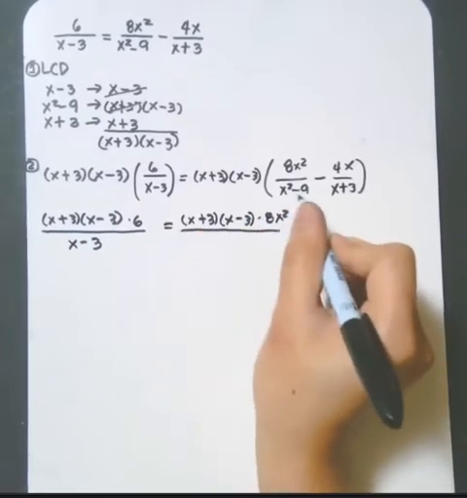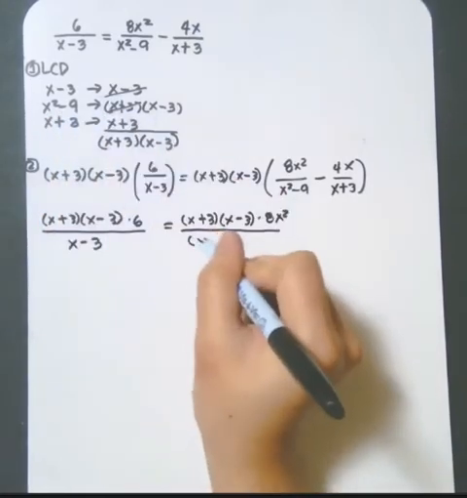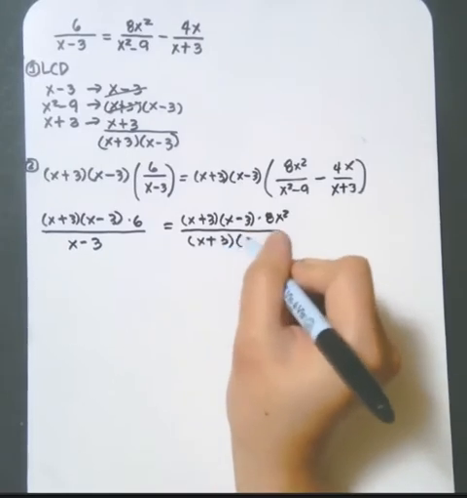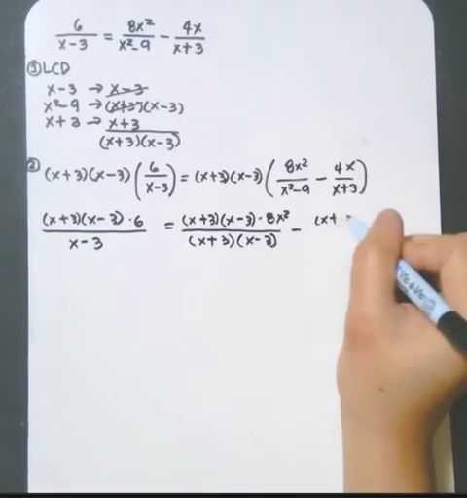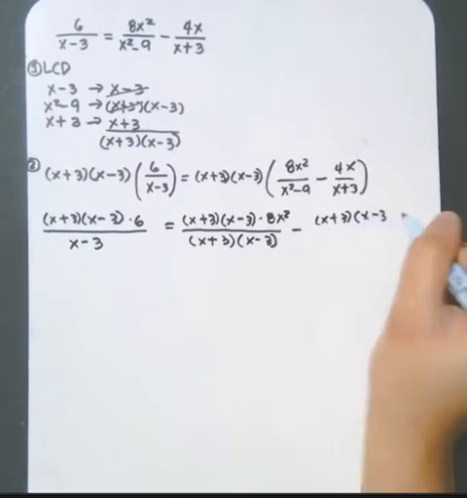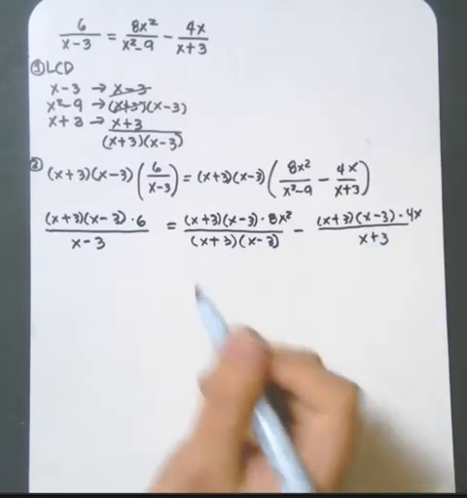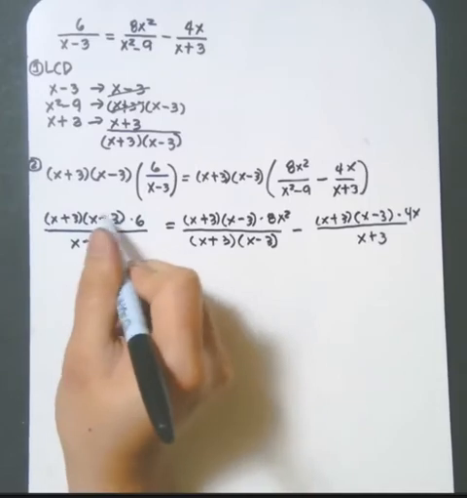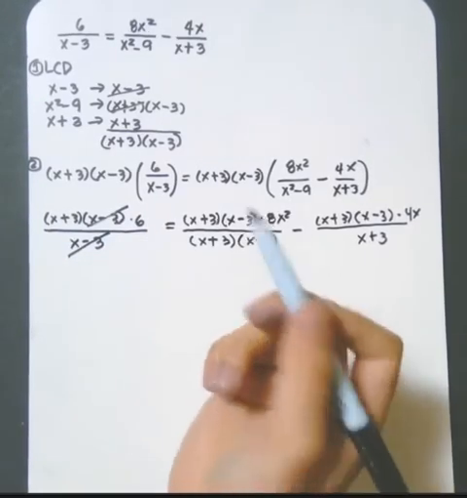We can rewrite this into its factors. The factors of x squared minus 9 are x plus 3 times x minus 3, minus x plus 3 times x minus 3 times 4x all over x plus 3. Now we divide out those that are common, because x minus 3 divided by x minus 3 is equal to 1.